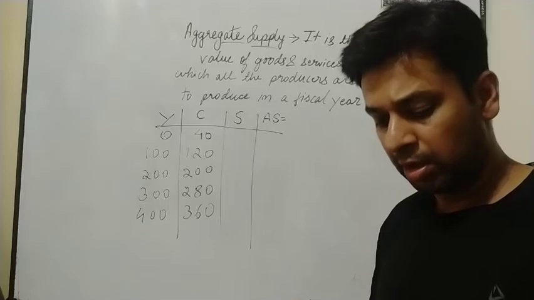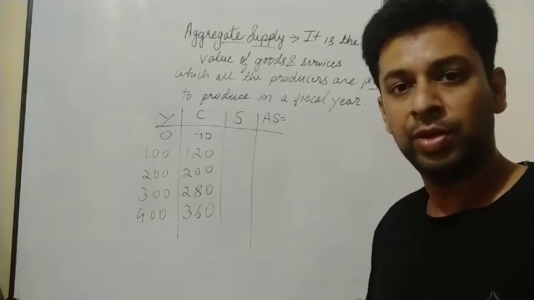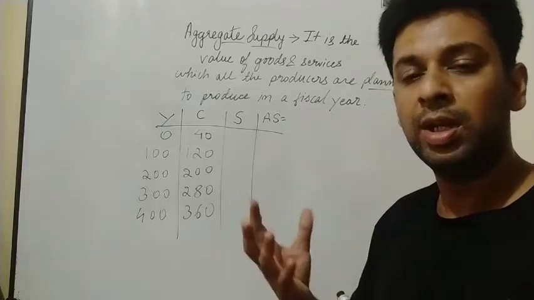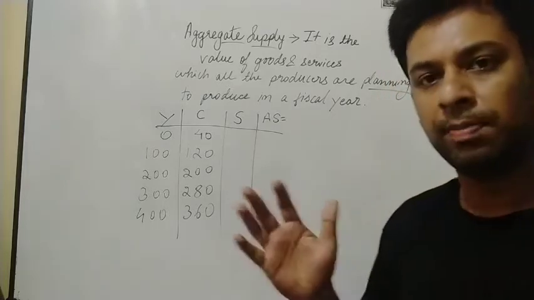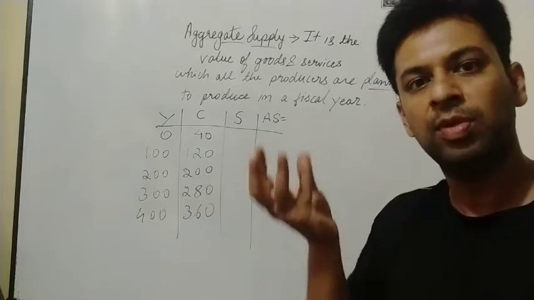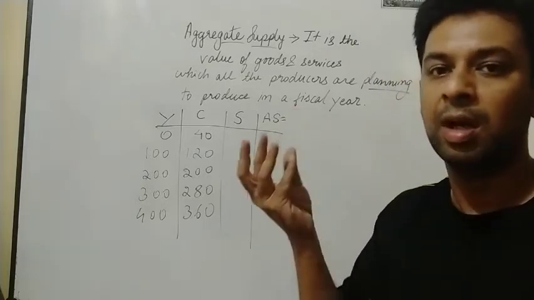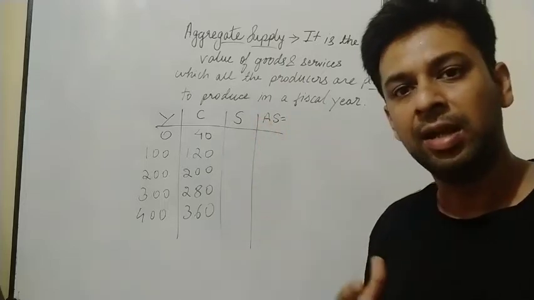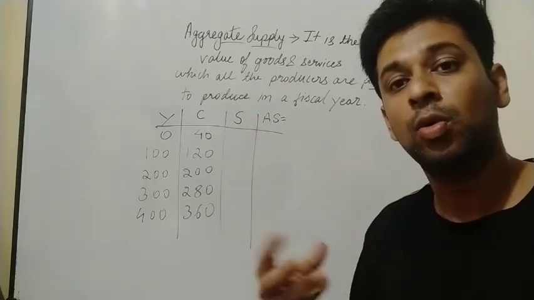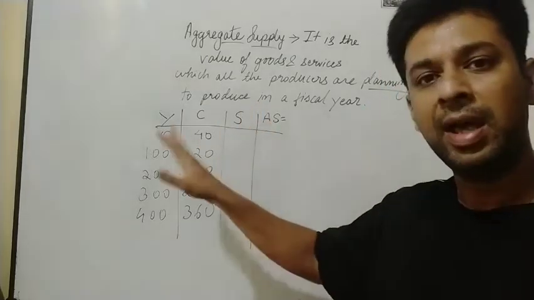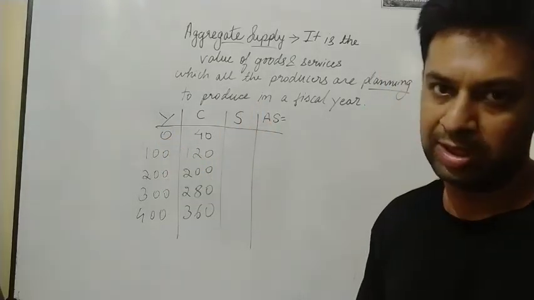He said that when production is done, it will be done only by giving employment to the people. When the people are employed in the company, income will be generated and that same income will be spent on goods and services. So he said that supply creates its own demand. According to him, aggregate supply and income are identical to each other.